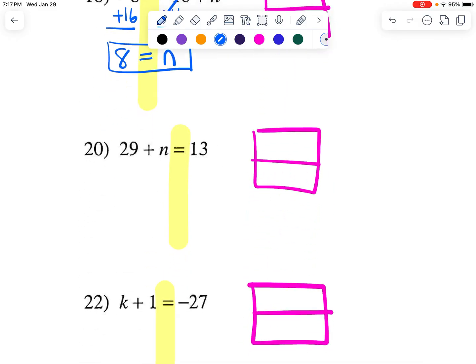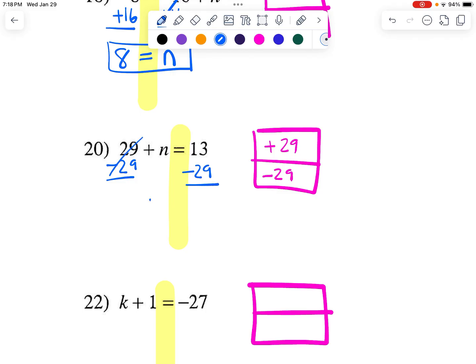All right. This 29 is a positive 29. If you wanted to, you can rewrite it to n plus 29. But since 29 is being added, we need to subtract it. Oh my gosh, what is wrong with me? I put minus 29. So we subtract the 29 on the left and subtract the 29 on the right.